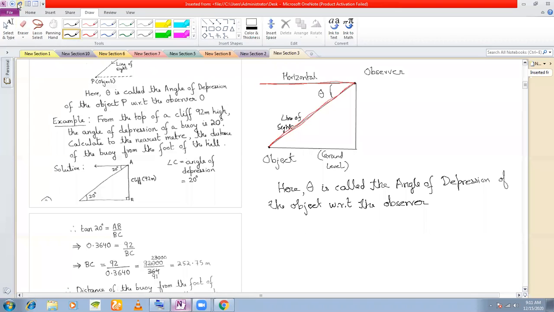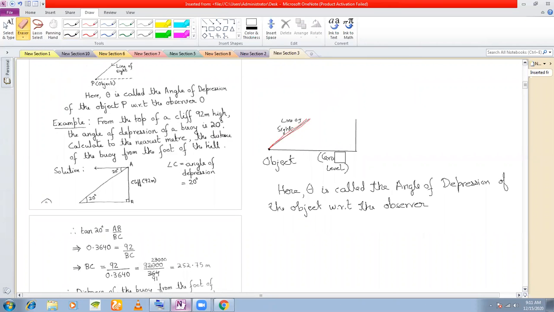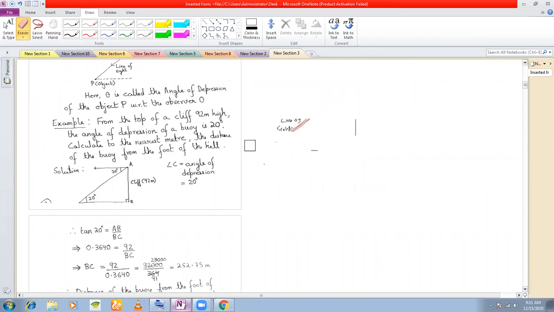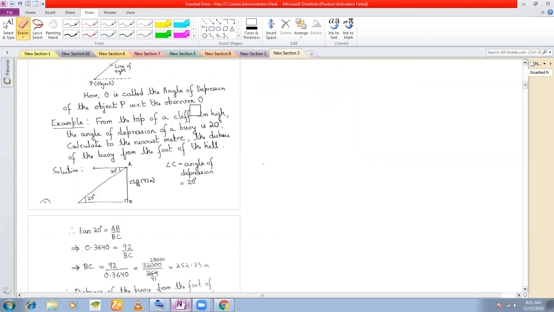The question here is: from the top of a cliff 92-meter high, the angle of depression of a buoy is 20 degrees. What is a buoy?